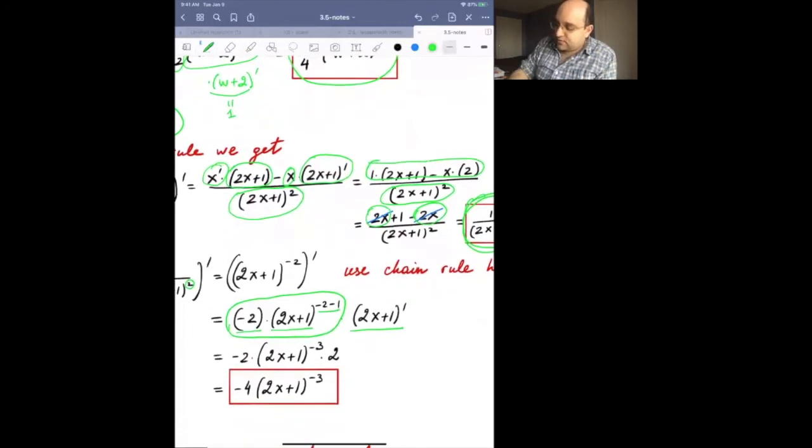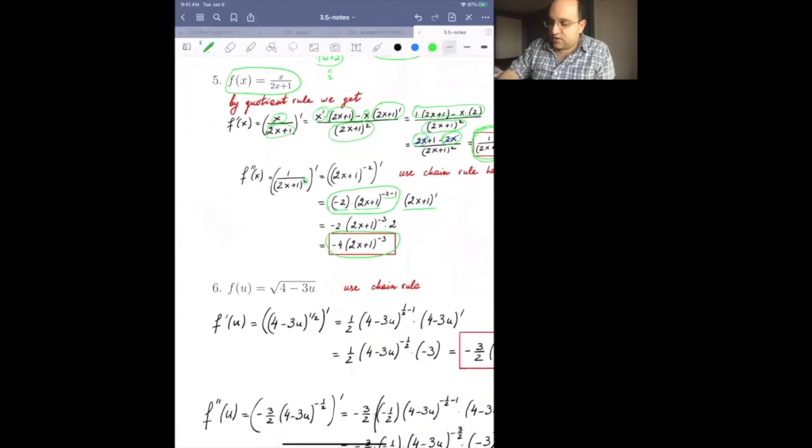The derivative of 2x plus 1 is of course 2, because the derivative of 1 is 0 and the derivative of 2x is just 2. So if I multiply negative 2 and 2, I get negative 4 times (2x plus 1) to the power negative 3. That's the second derivative of my function f.